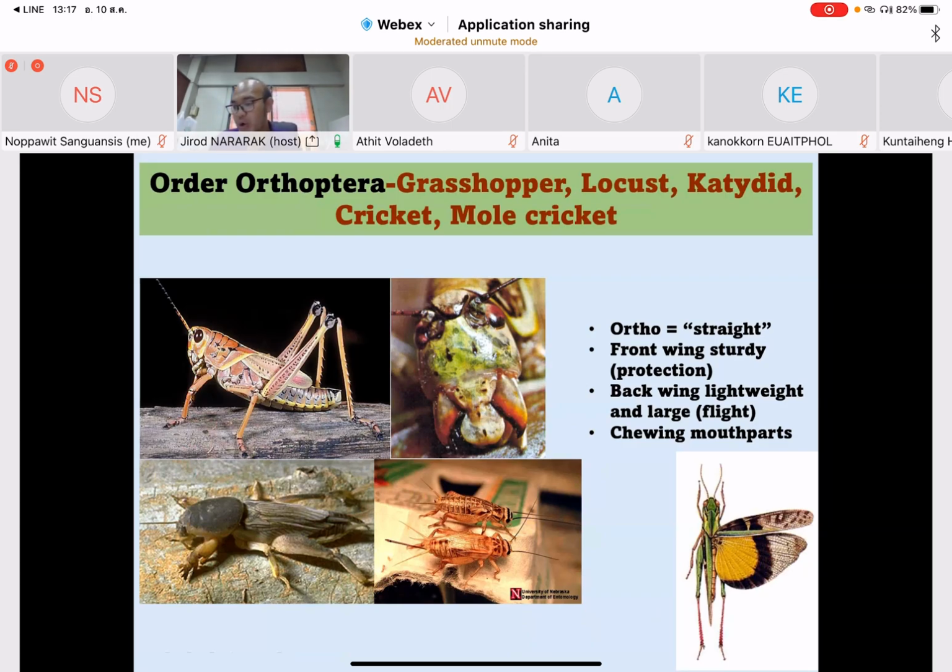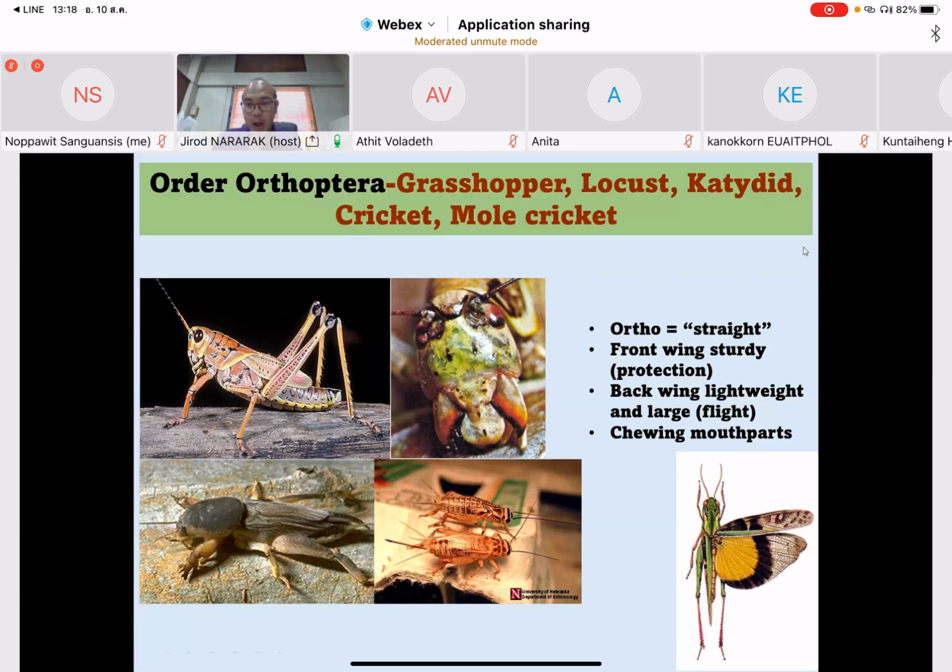Ortho refers to straight, because you can see their wings: ptera is wing, and they have straight wings. Here also the straight wing.